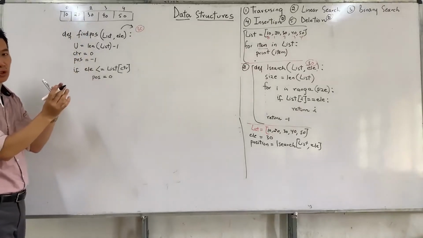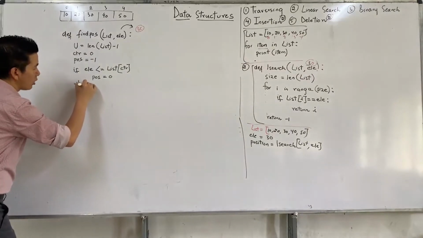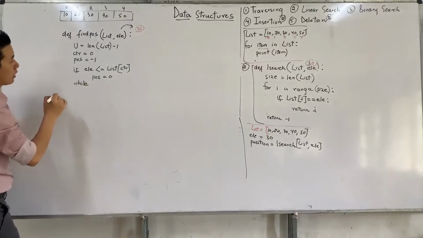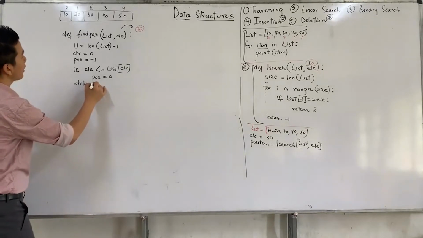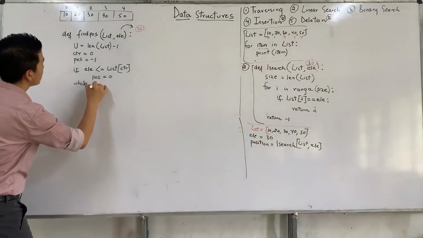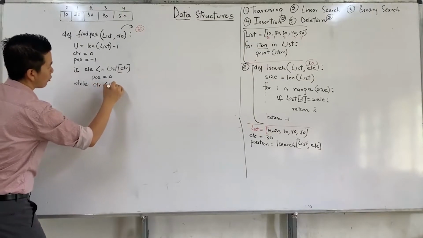Both the conditions need to be true. So you have to run the loop as long as the CTR value is less than u.